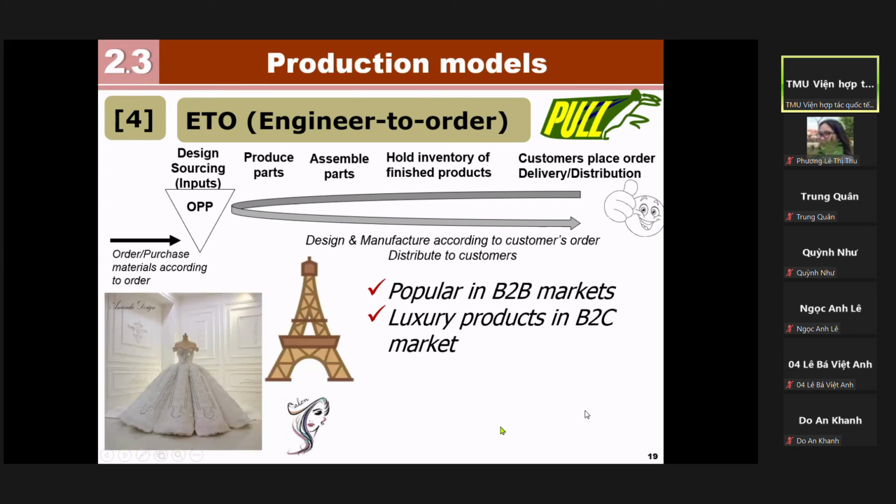So here's an example. First of all, in the construction industry, this is a very popular model. For example, what I show here is the Eiffel Tower. Who is the customer here? Paris Authority is the customer in this case.